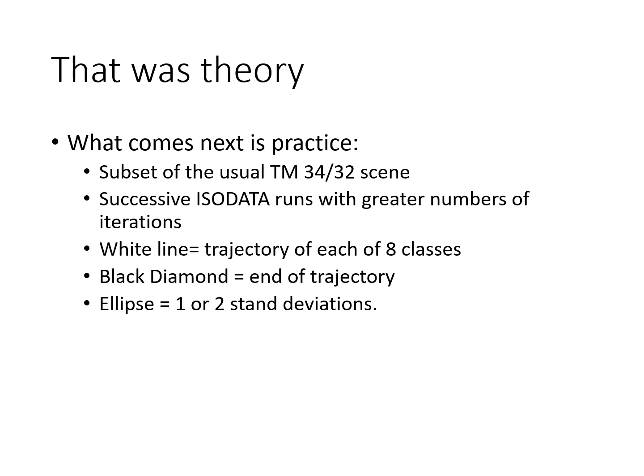What I did was to look at our usual TM3432C, just take a subset of that, and did successive ISO data runs with greater numbers of iterations, okay? So I started out by running it once and recorded the positions of the cluster means, and then I did it twice and recorded those positions. And so you can actually see, using this data set, how the cluster means change as a function of iteration.